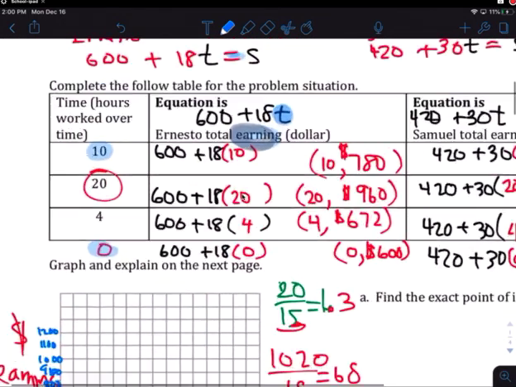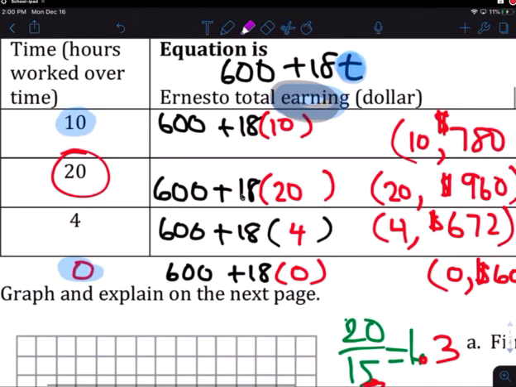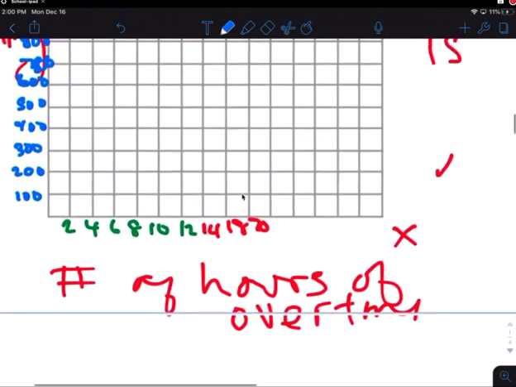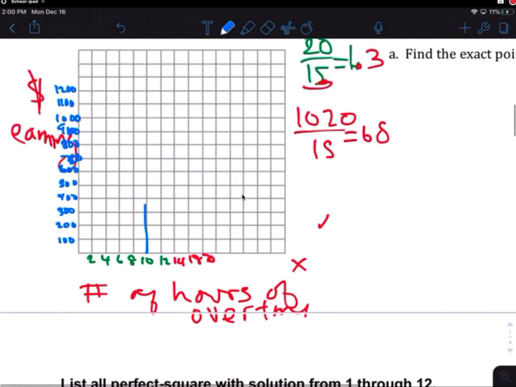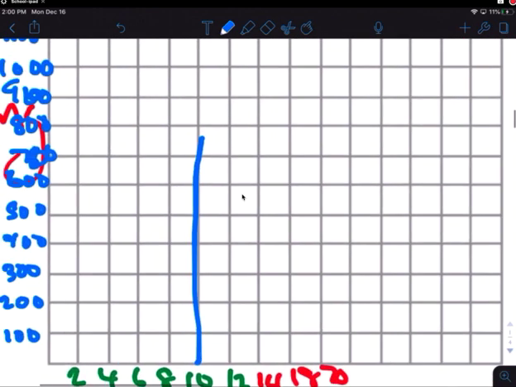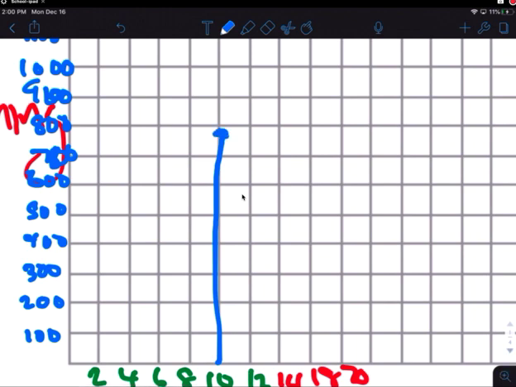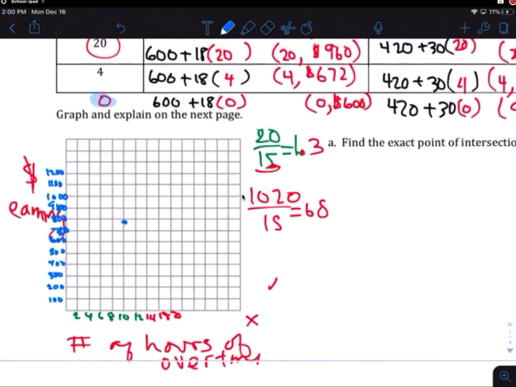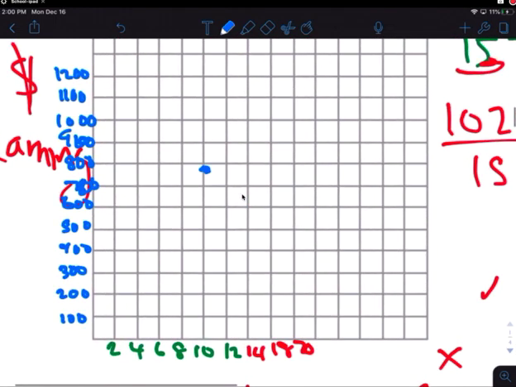Okay, let's start with Ernesto's. First is 10 and 780, so find 10 hours of overtime. Go up to 780, so right there, somewhere close to 800. Next one is 20 and 960. 960 is right there.